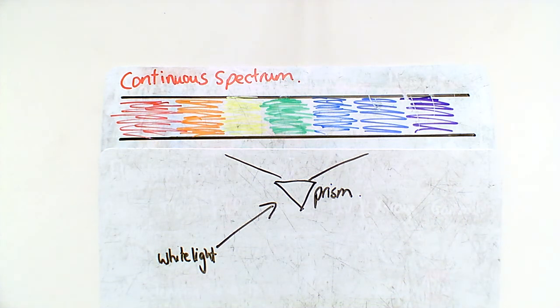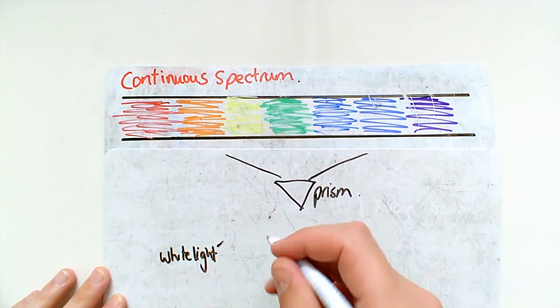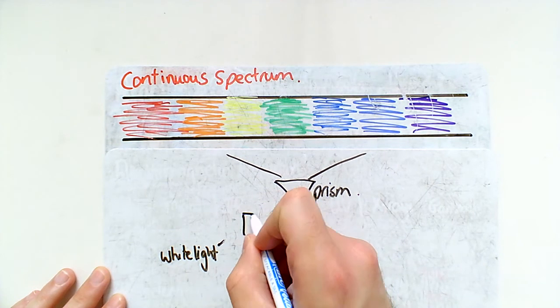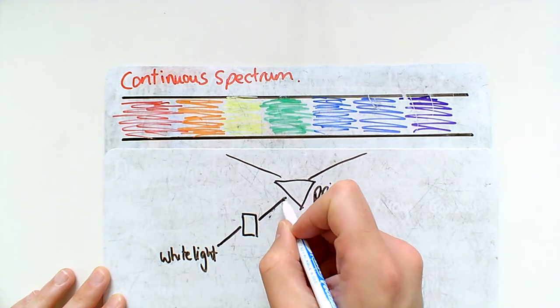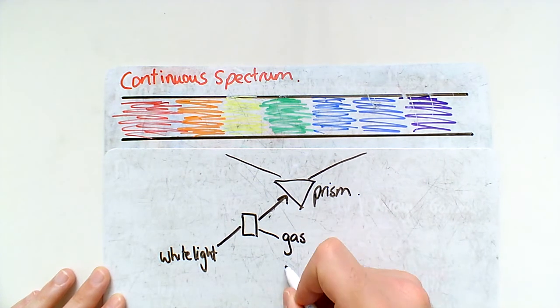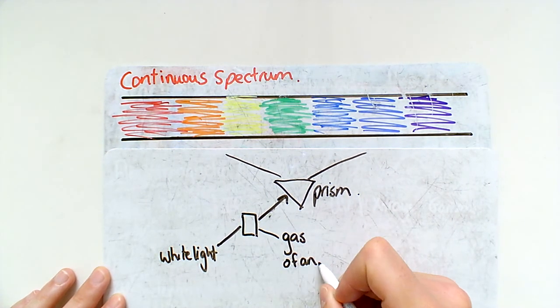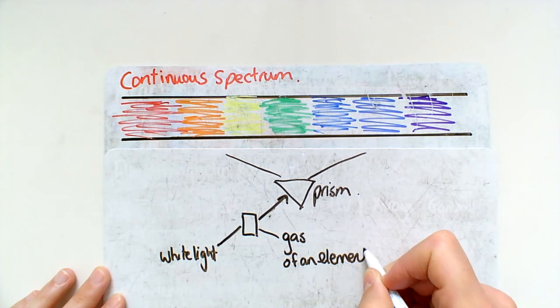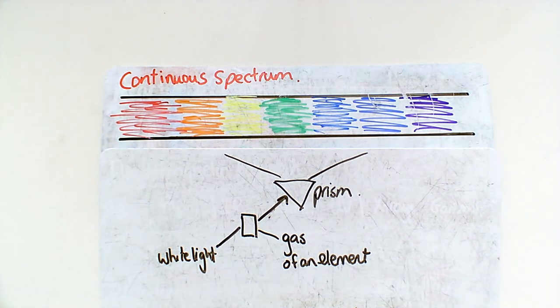But what happens if instead of pure white light, we interrupt this process and we put a box here which contains a gas of an element? So it's usually gas, and you can make gases out of all the elements. So this can be metals, this can be a natural gas, but we want atoms of the gas. Pass that through.